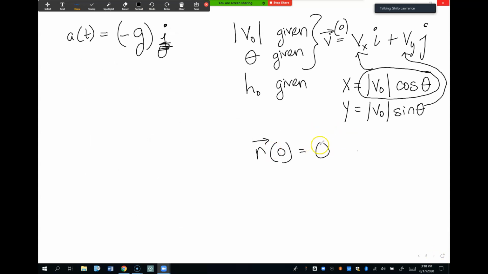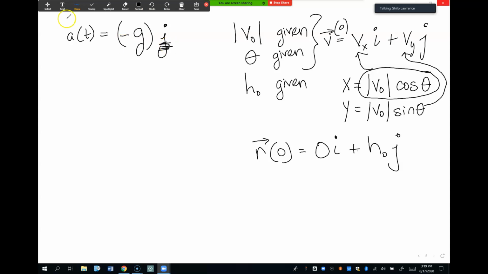So r of 0 is going to be 0i plus h sub 0 j. And this is enough information for us to figure out what our equation of motion is going to be. Now, I'm never going to ask you to derive this formula. I'm just showing you how it's derived, so hopefully it makes a little bit more sense of where all the little pieces and parts are coming from.